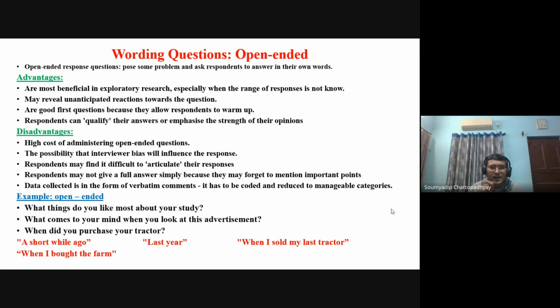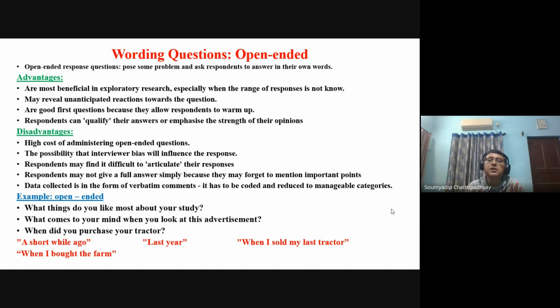That means the data collected in this format is sometimes in the form of verbatim comments, and it has to be coded, it has to be reduced to manageable categories, which is a serious task. I'll be discussing this particular disadvantage in much greater detail when I discuss the coding aspect.